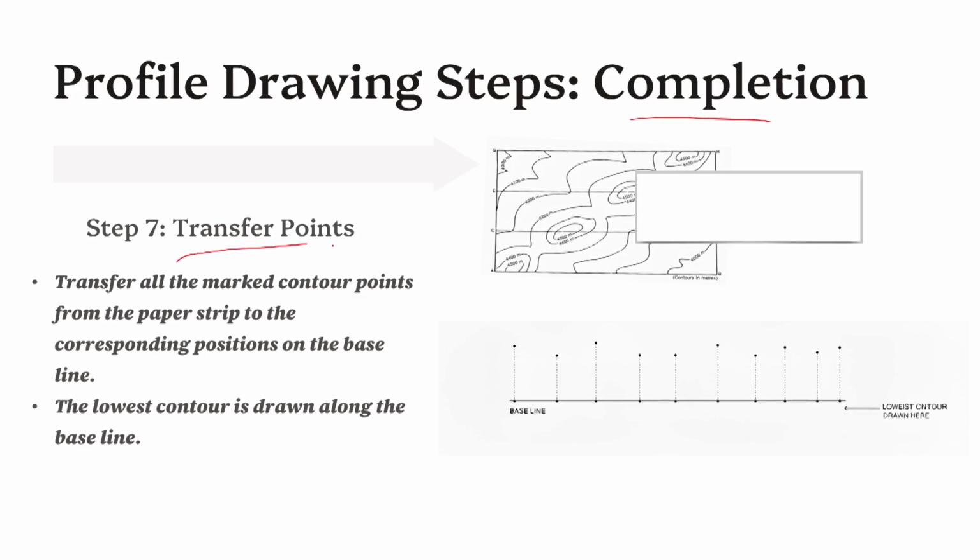Then profile drawing step completion. Transfer all the marked contour points. First you do not draw the exact line, you mark the elevation. For example, this is 4000, this is 3900, like that you can point out all of them. Then you smoothly draw and connect the line freehand, not with the scale.